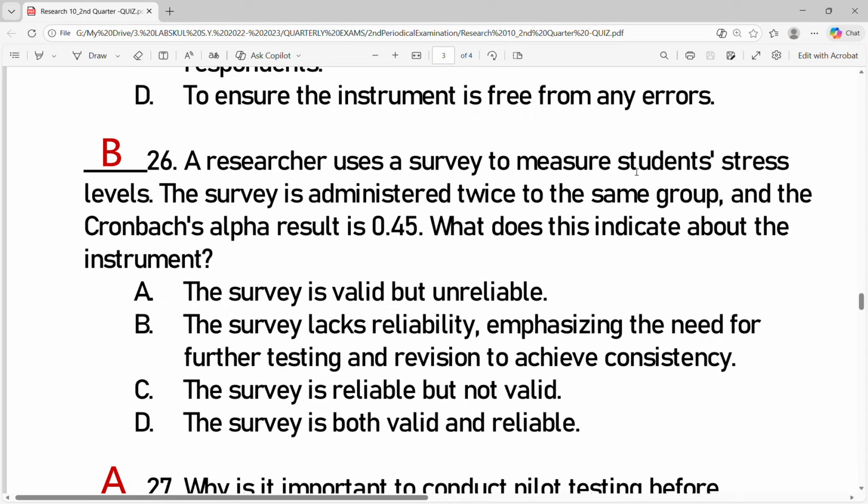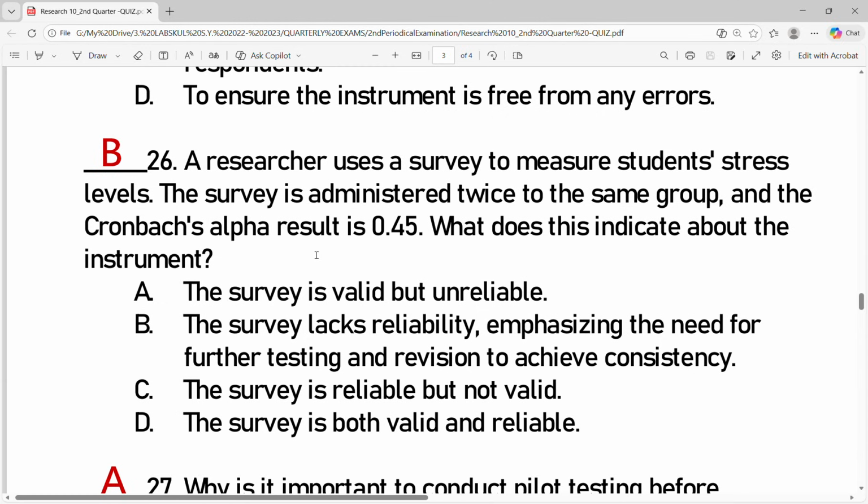Number 26. A researcher uses a survey to measure student stress levels. The survey is administered twice to the same group and the Cronbach's alpha result is 0.45. What does this indicate about the instrument?